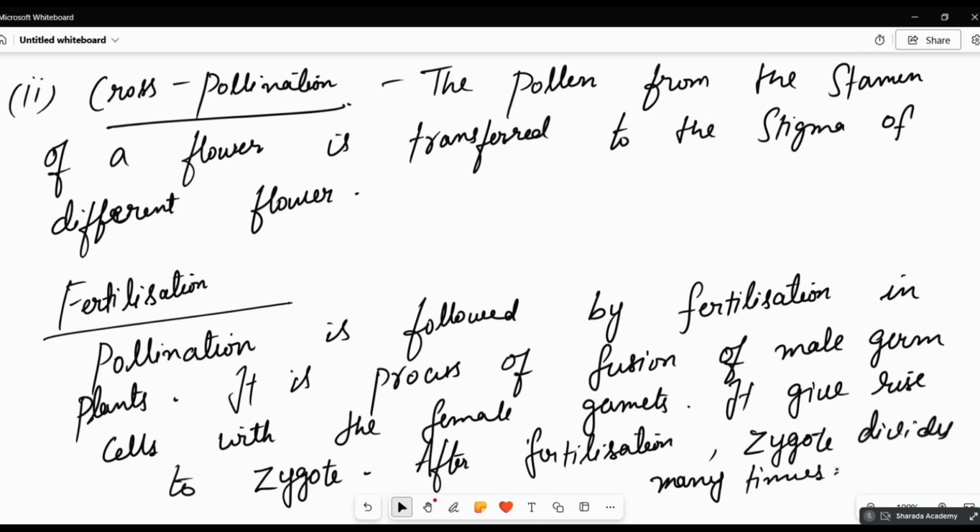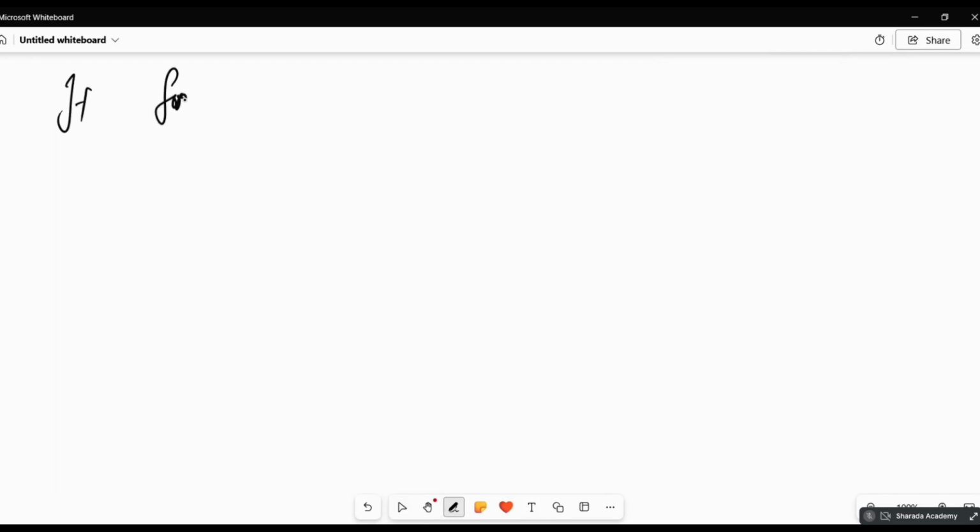So after the pollination, we have the fertilization where the fusion of the male gametes with the female gametes gives rise to zygote. Zygote divides many times and hence it grows very fast. Zygote forms an embryo within the ovule.